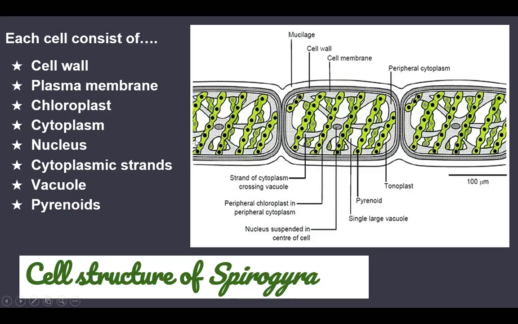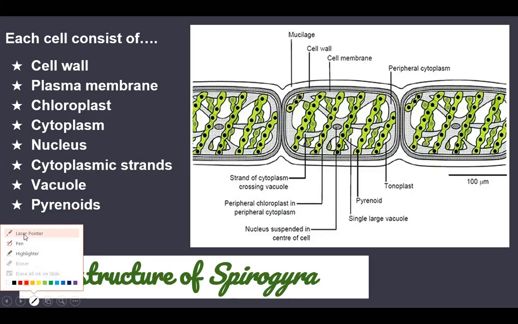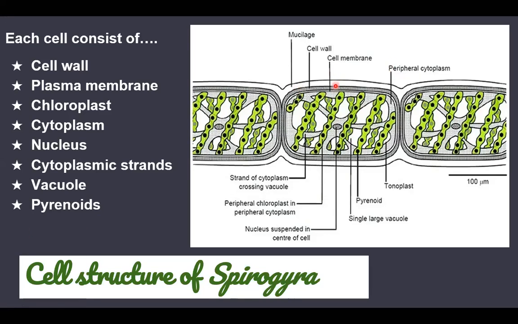Here you can see the cell wall. The cell wall is two layered. The inner layer is composed of cellulose while the outer layer is composed of pectic substances. That substance, when dissolved in water, makes a mucilaginous component, which makes the filament slippery.